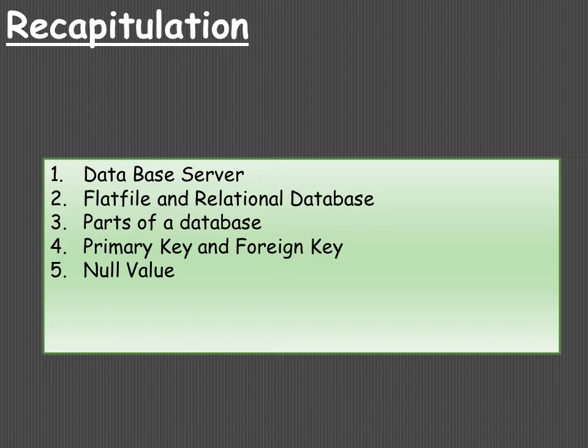Next, foreign key: as we said, we can create relationships between the tables in a relational database, and the foreign key is used to create that relationship between the tables. While we must have only one primary key in a database table, in case of foreign key, we can have multiple foreign keys.